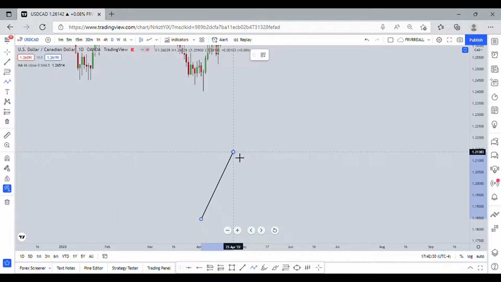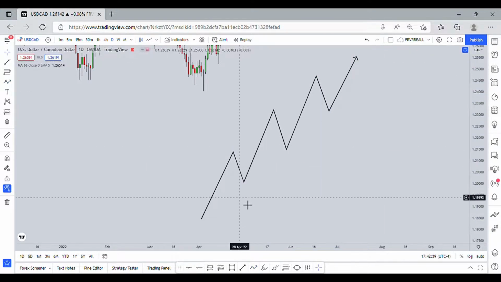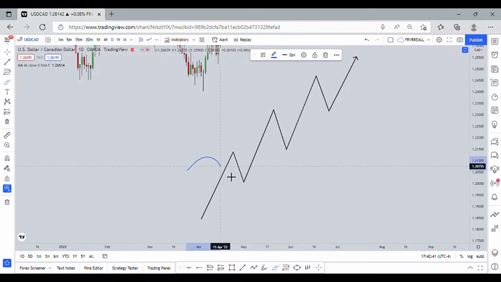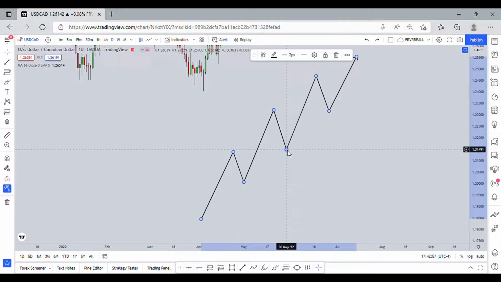It moves higher, then lower, then higher, then lower again, then higher, then lower again, then higher, and so on. This is what we call the impulsive move. This is the retracement. Impulsive move, retracement, impulsive move, retracement. That's all there is to a trend.